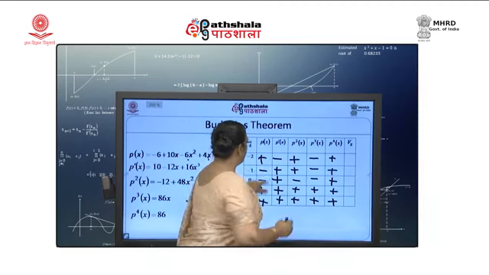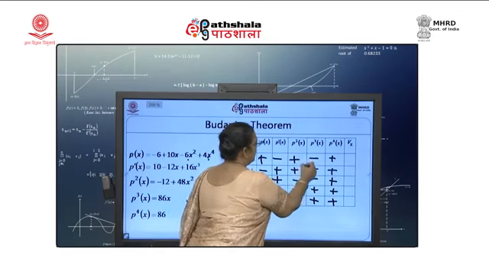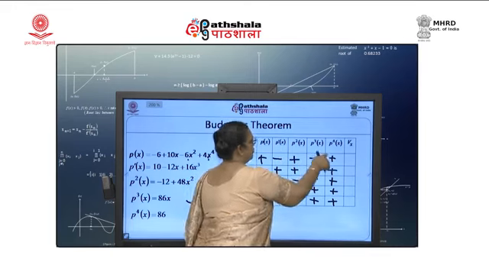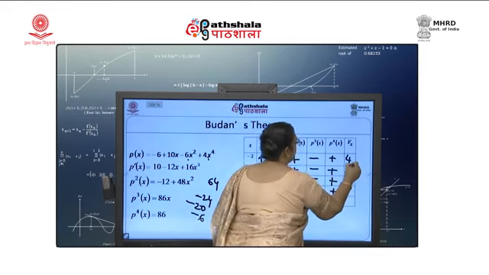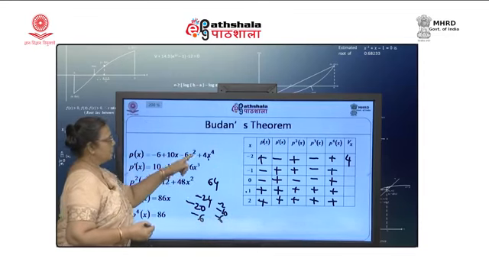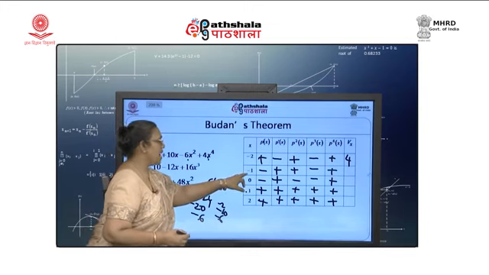Now we have this table, and for v of minus 2 we calculate the changes in sign. One change in sign from plus to negative, again one more change in sign, 2, 3 and 4. There are 4 changes in sign as we move from the value of p at minus 2 to the first, second, third and fourth derivatives. Similarly, let us calculate v at minus 1.